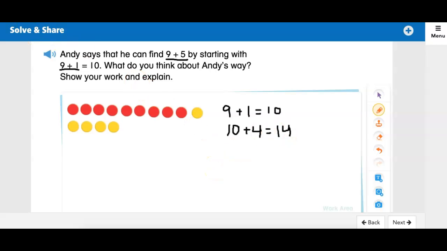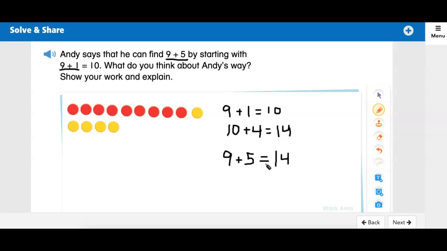So if I used 9 plus 1 equals 10 to start out, when I know I need to solve to find 9 plus 5, well, that is the same as taking my 9 red counters and adding my 5 yellow counters to solve for 14. 9 plus 5 is equal to 14 also.